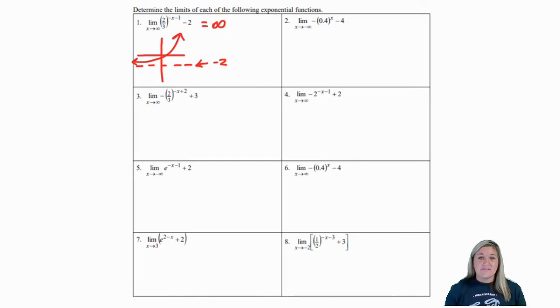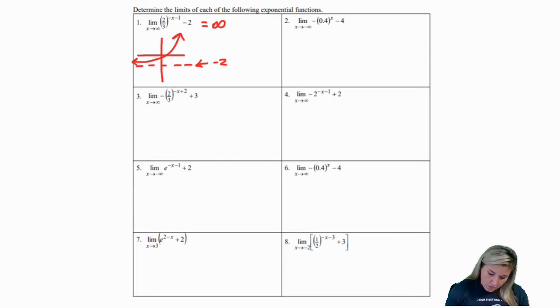Okay, so the limit as x approaches negative infinity of negative 0.4 to the x minus 4. So on this one, as we reach negative infinity, we have b is between 0 and 1, and we have 1 reflection because the whole function is negative with that negative out front.